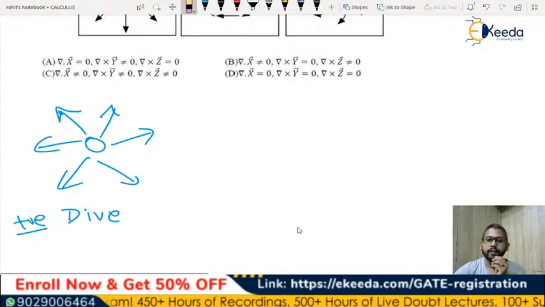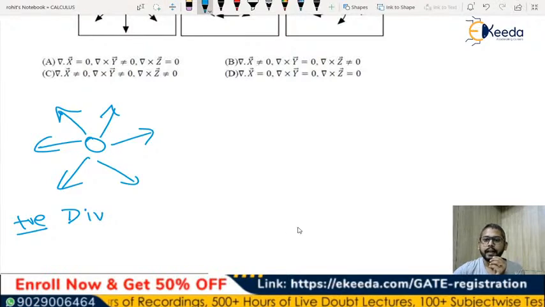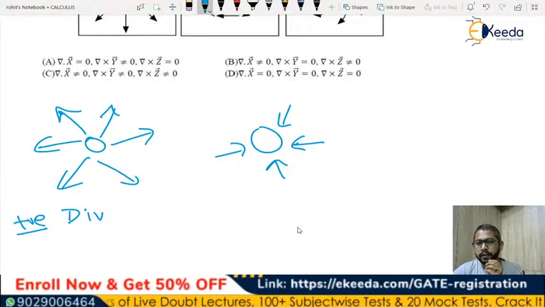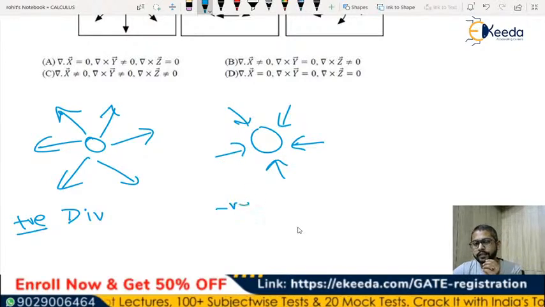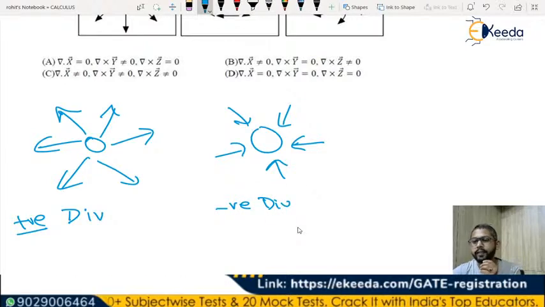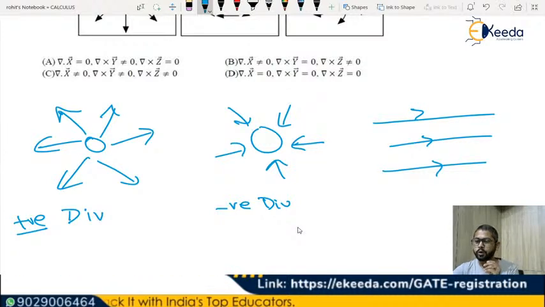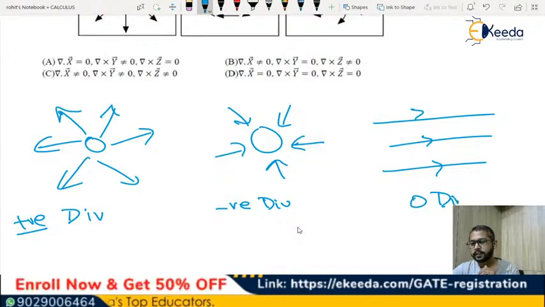Similarly, if it is going into it, it is a negative divergence. And if whatever is going in is coming out, then it is a zero divergence.